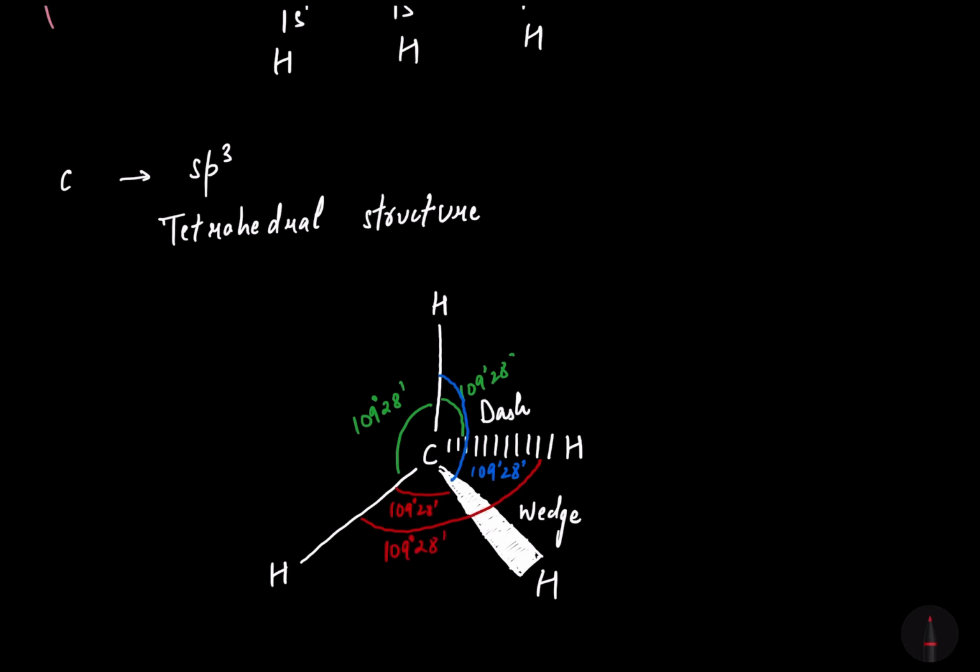Try to understand this structure in 3 dimensions, only then you will be able to get that all the angles are equal and of equal strength, because all the bonds are sigma bonds that have been formed by head-on overlap of sp3 hybrid orbital of carbon and the s orbital of hydrogen. That's why I'm writing all the bonds are of equal strengths.